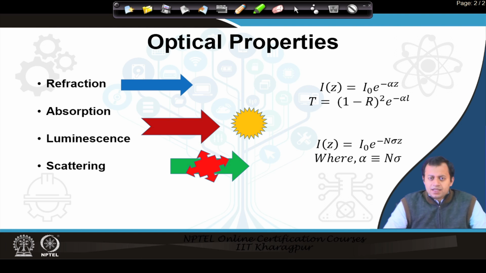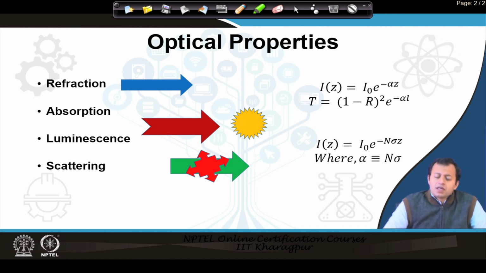So, light enters. This light, the electric field and the magnetic field of the light, most importantly the electric field of the light, interacts with the charged particle. The charged particle is basically the nucleus as well as the electrons surrounding the nucleus. The charged particle gets agitated by the presence of the electromagnetic field, electric field you can think for simplicity, and starts vibrating.